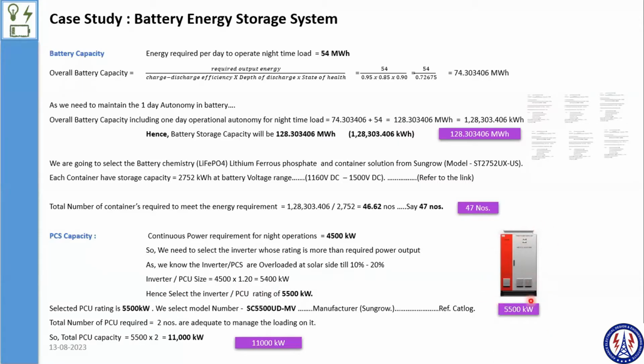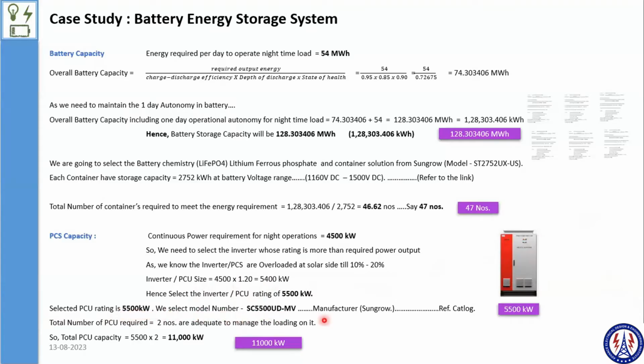This PCS has a capacity of 5.5 megawatt, which is 5,500 kilowatt, and we need the power of 4,500 kilowatt. So it comes to 80% loading, not 100%, if I operate with this single unit. So the selected PCU rating is 5.5 megawatt, or 5,500 kilowatt.